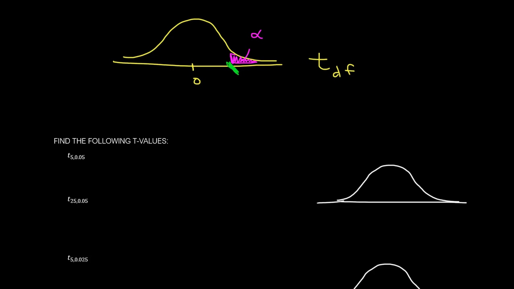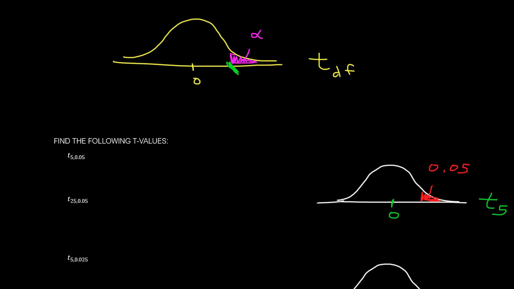In this first problem, this says this is the t distribution with 5 degrees of freedom. All right, I'm going to put a tick mark 0 in the middle for the fun of it. 5 degrees of freedom, and the area in the upper right tail is 0.05.